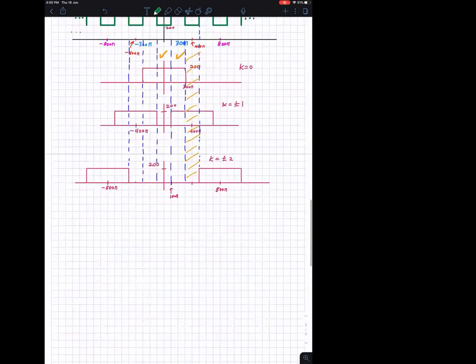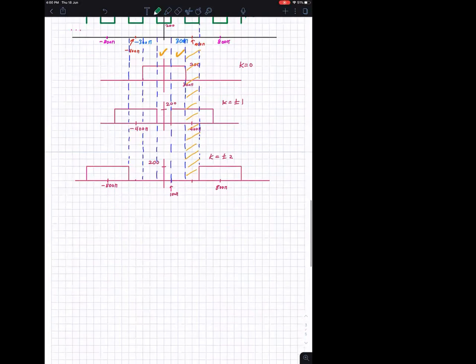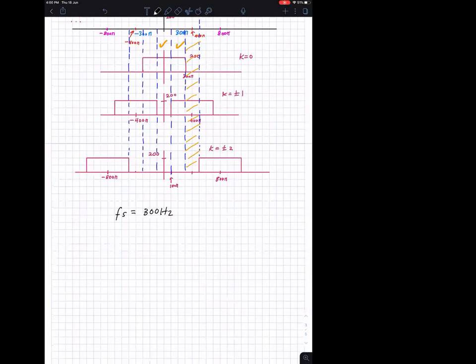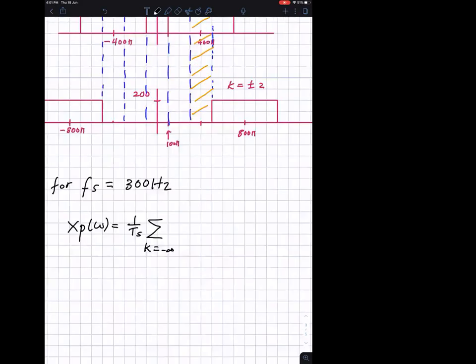Okay, thanks. Now let's do it for sampling frequency 300 hertz. The summation of k is from minus infinity to positive infinity, and then Xp of omega minus k omega s. Omega is the same as before, but then we have to calculate with the new sampling frequency.